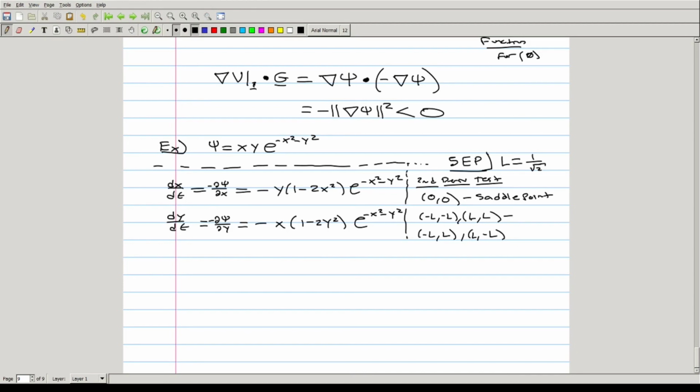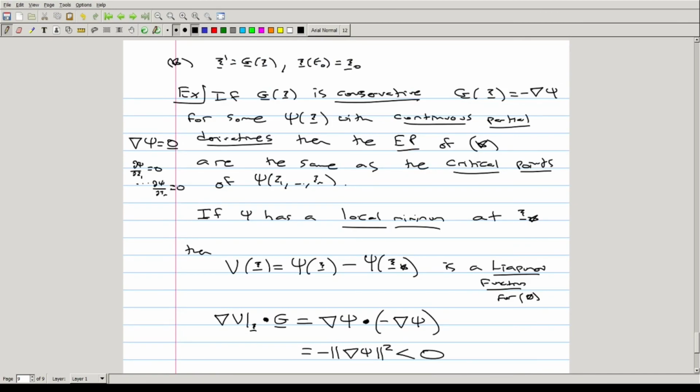Negative L, negative L, and L, L is a local max of this function. And negative L, L and L, negative L are both local mins of this function.